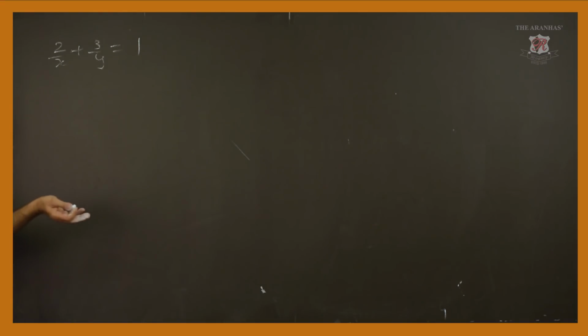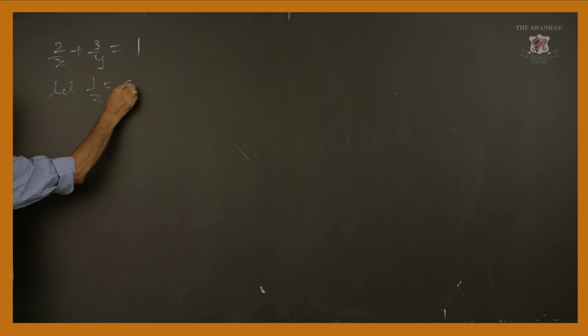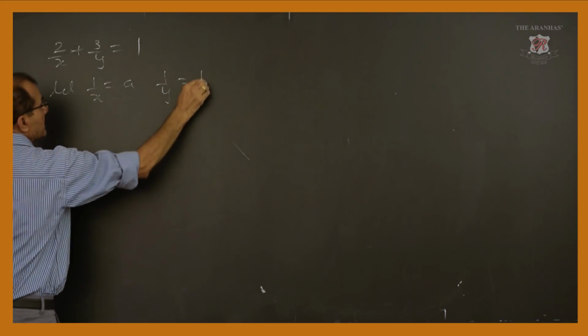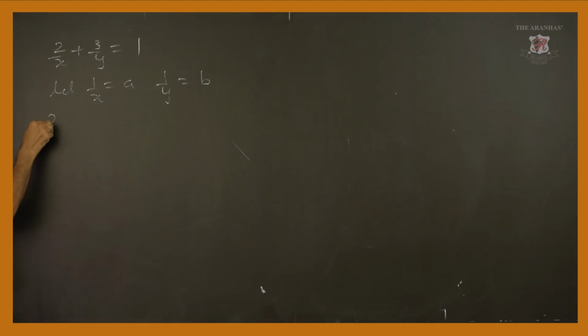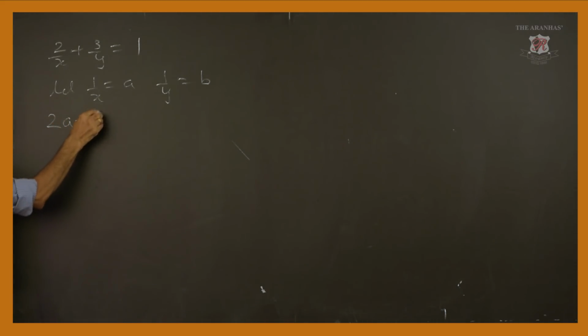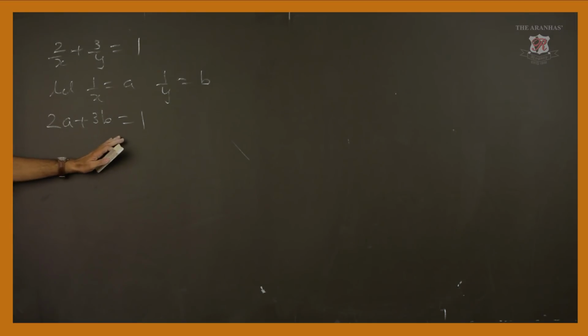So how to make it a linear equation? You take 1 upon x as a and 1 upon y as b. So now this reduces to 2a plus 3b is equal to 1. So this is how it has been reduced to a linear equation. This is a non-linear equation, this is a linear equation, right?